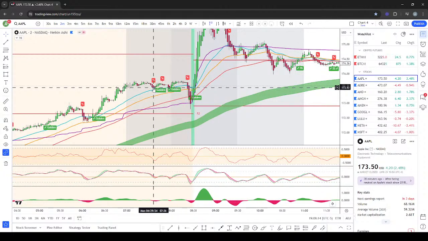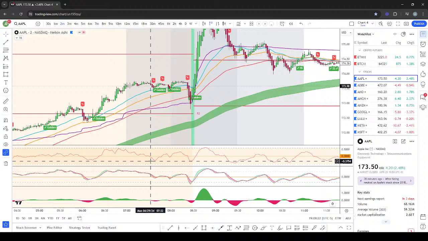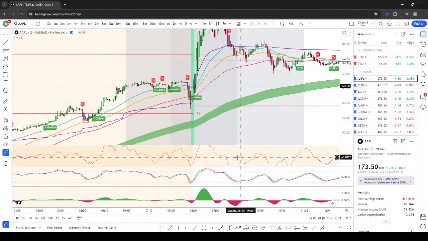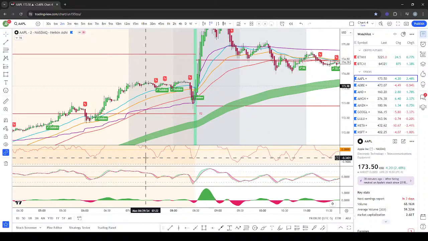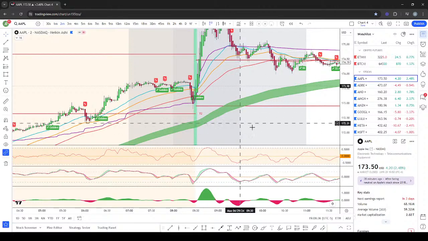Looking at the lows of price right before the open, I don't really see much happening here. I'm not really sure. You have to zoom in sometimes to see if this is an actual one. No, this doesn't fit the profile. So we just wait.